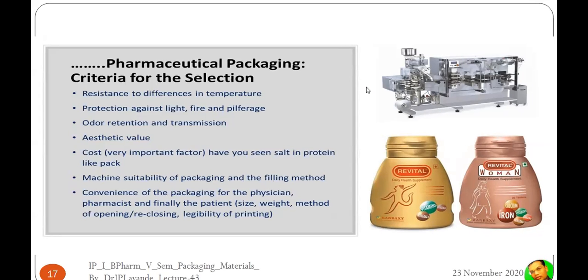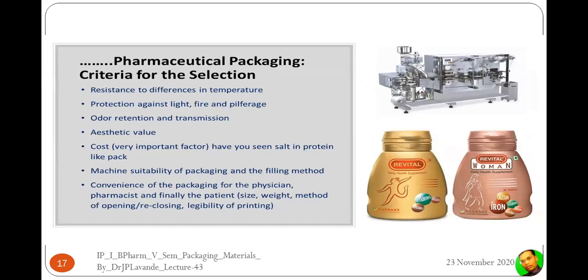Like, as we will see in the case of aluminum packaging and blister packaging, the blister packaging has more aesthetic value than the aluminum packaging, that is alu packaging. Cost is a very important factor. Take the example of common table salt, which is packed in a simple packaging.